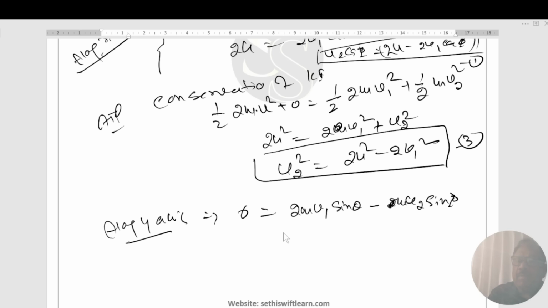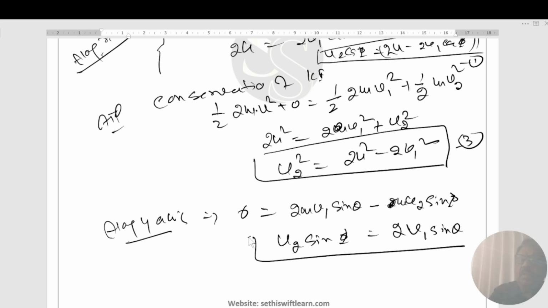The m cancels with m, so v2 sin phi equals 2v1 sin theta. This is equation 2. Now we will eliminate v2 and phi from 1 and 2 using 3, right? Now let's move further.